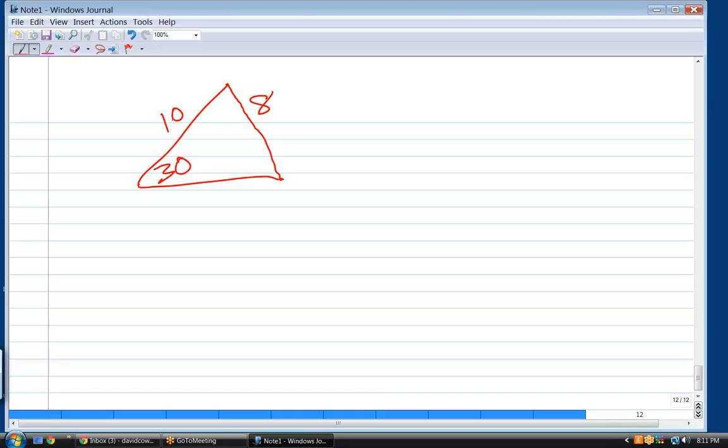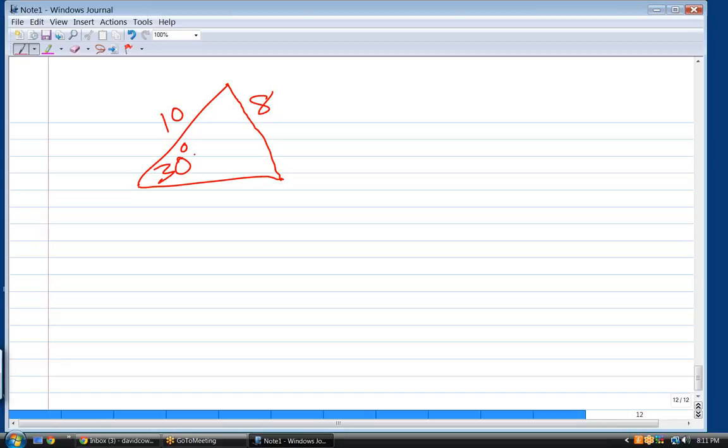This is side-side-angle. Three pieces of information. It's not side-angle-side, so I'm not going to use the law of cosines on it. I'm going to use the law of sines.